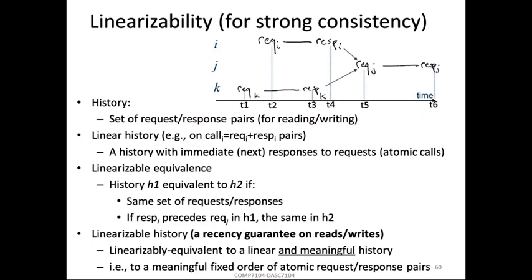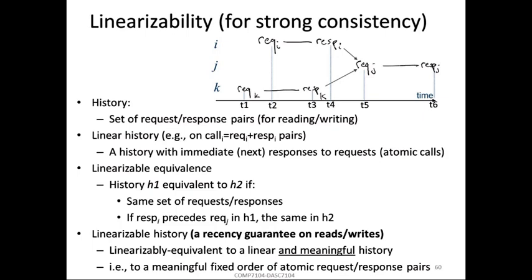And here, this meaningful part depends on the context, on the application, on what requests are about, what responses are about, and so on. So this may be different from one application to another.